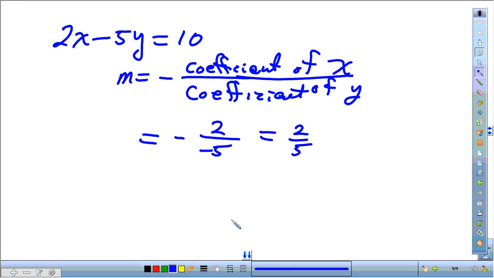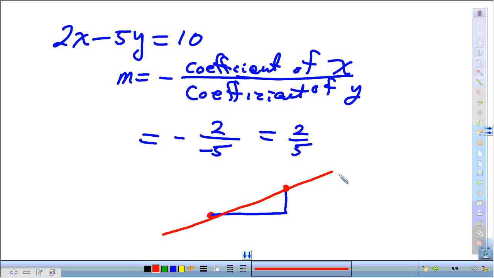Again, notice if I start at a point, and if I use the ratio up 2 for every 5 over, I get another point, and a picture of the line.